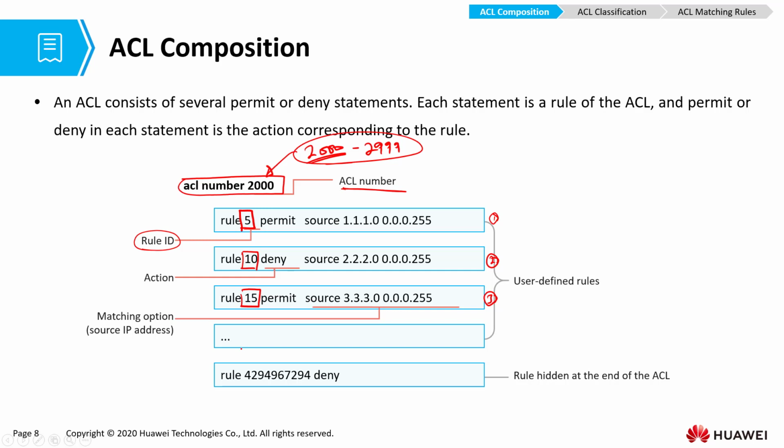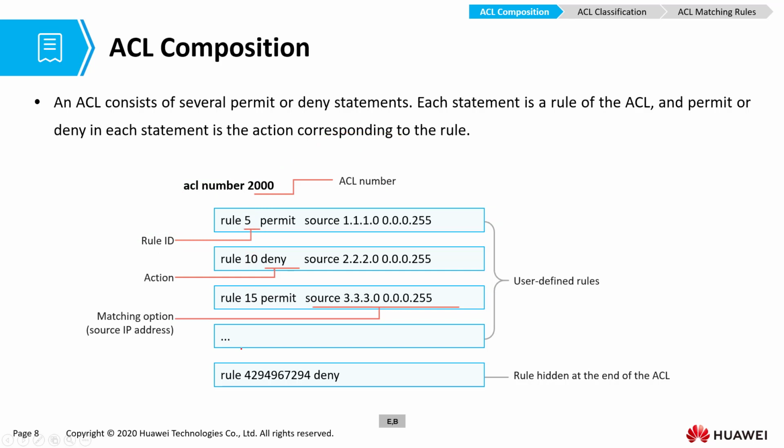But as I've mentioned, an ACL consists of permit and deny statements. Now, each statement is going to be a rule of an ACL, and that rule is going to be identified by a rule ID. So each ACL rule has a unique identifier, just like each ACL has an identifier, which is a number. Each of the rules in the ACL needs an identifier, and that is the rule ID. It identifies the rule.